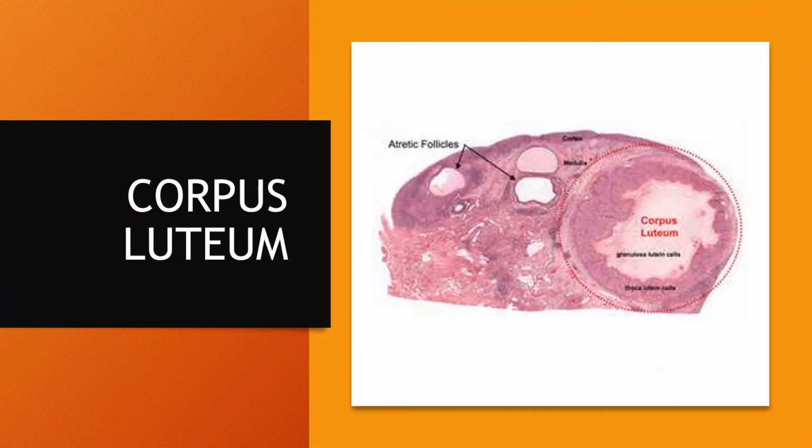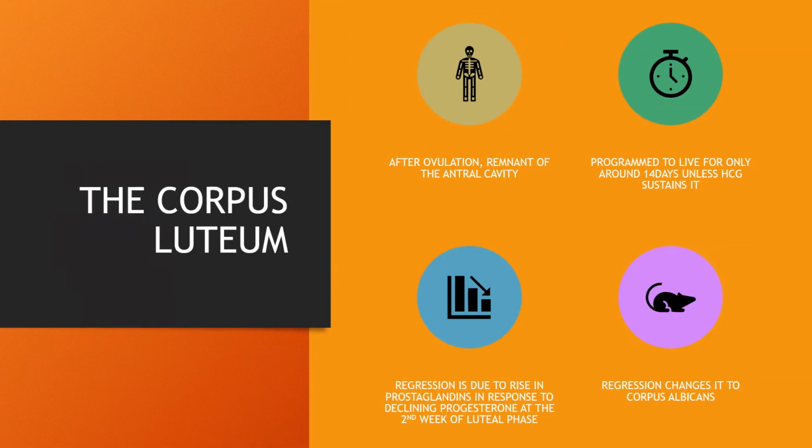Now let's talk about the corpus luteum. So this is the corpus luteum. Okay. After it ruptured, you see, these are your atretic follicles. So the corpus luteum, after ovulation, becomes the remnant of the antral cavity. So your corpus luteum is programmed to live only around 14 days unless your human chorionic gonadotropin or hCG will sustain it.